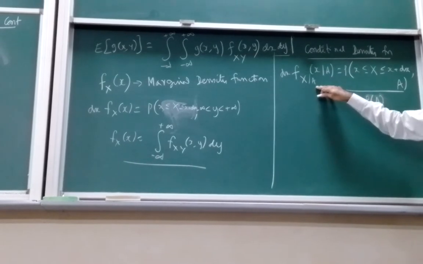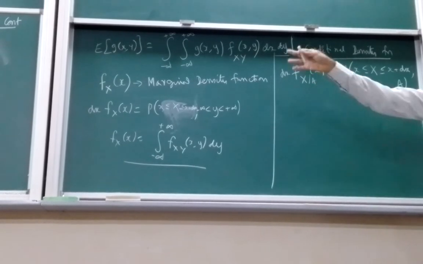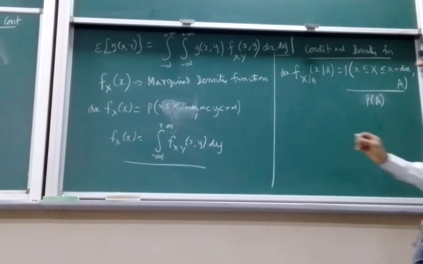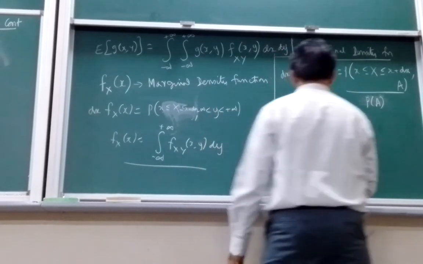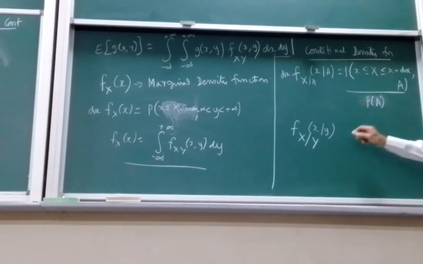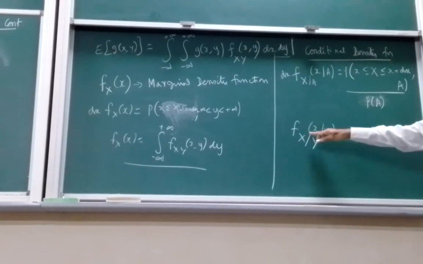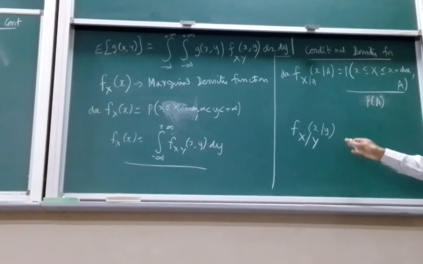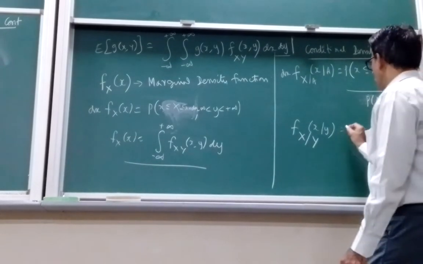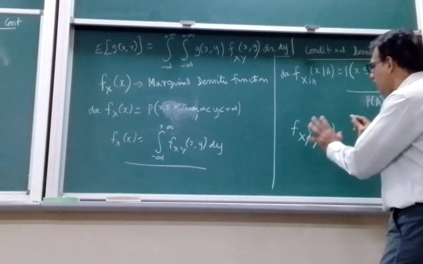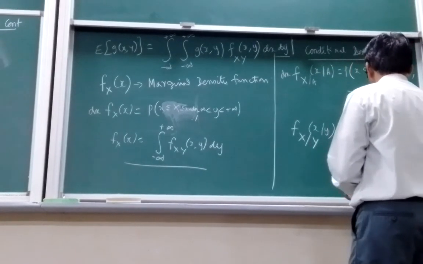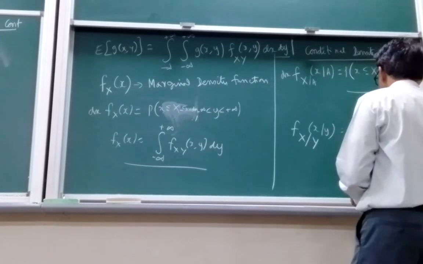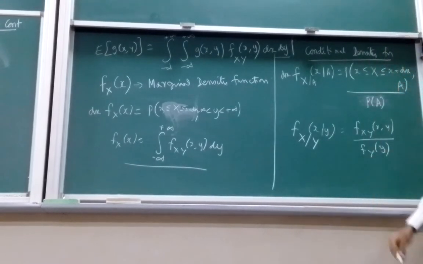Instead of an event, we can also have a random variable. So, if x and y are two random variables whose joint density function is given, this is the conditional density function of x given the value of y. So, how do we interpret it? See, that actually can be written as fxy of x comma y divided by fy of y. It is the same thing.